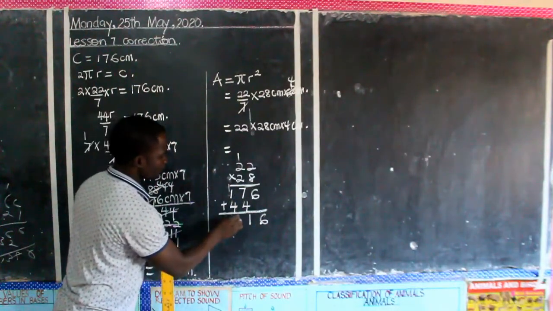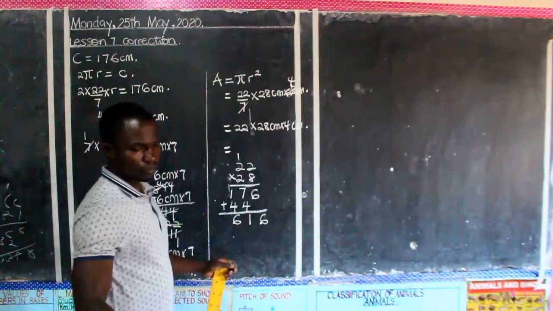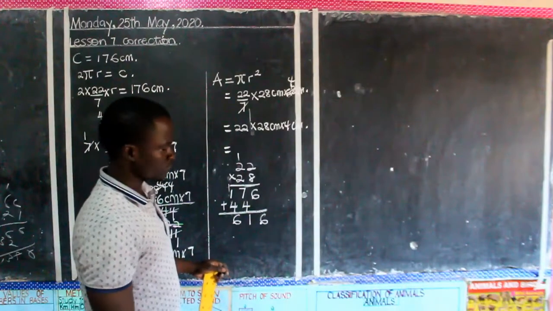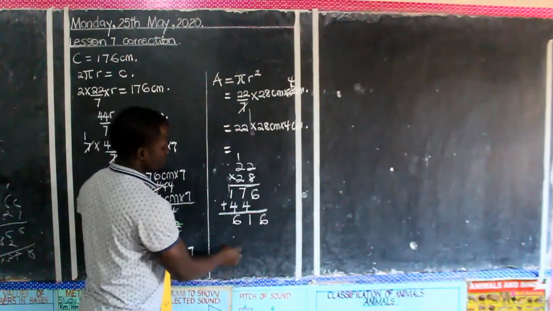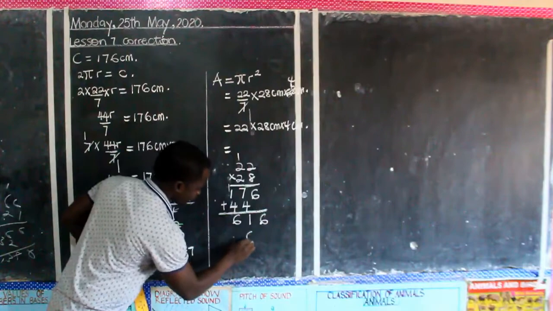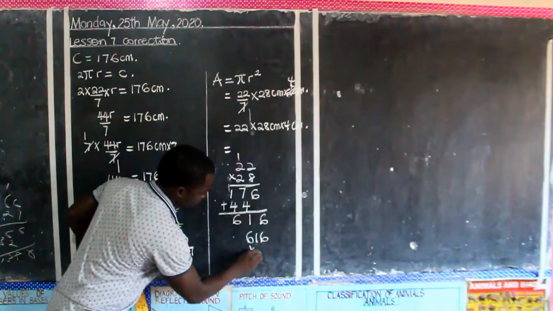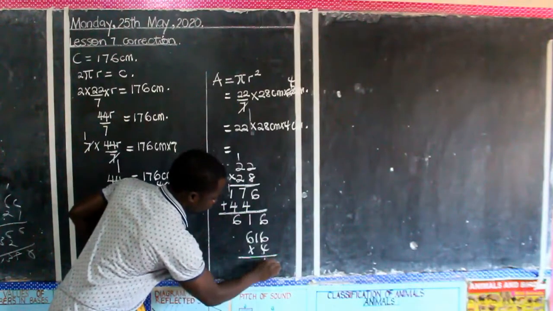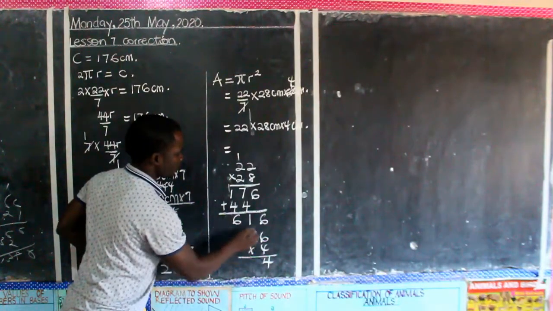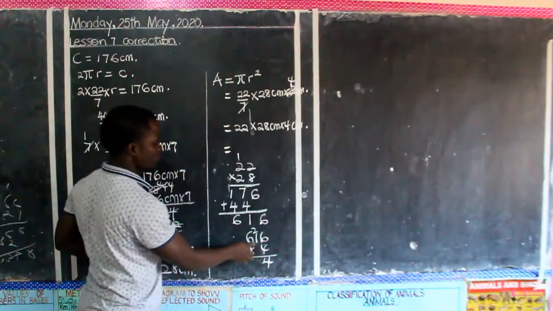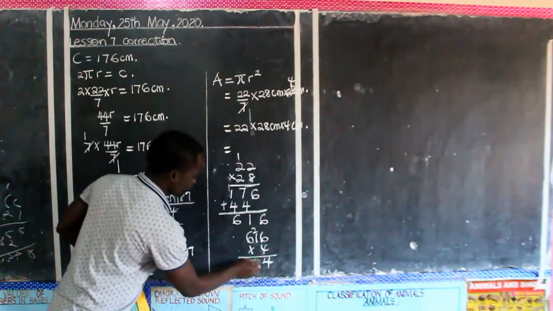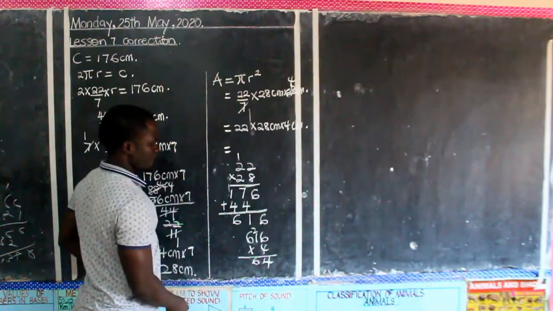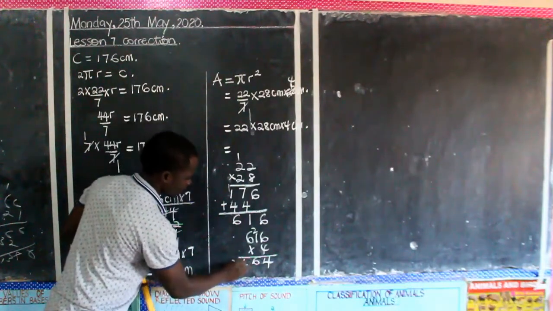This is 6. Then 116 times 4. This is the 24. Carry 2 here, this time 4 times 1, 4 plus 2, 6. 4 times 6, 24.